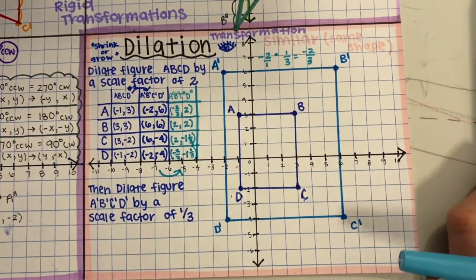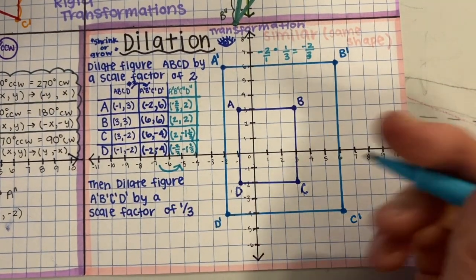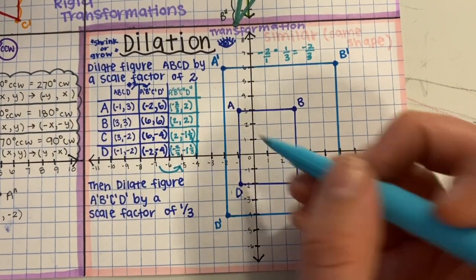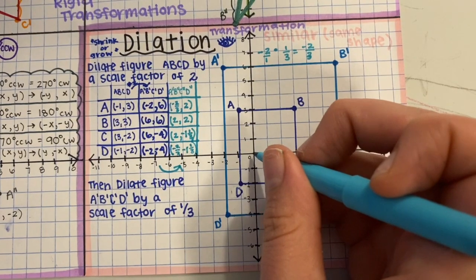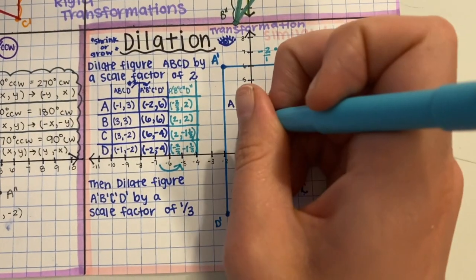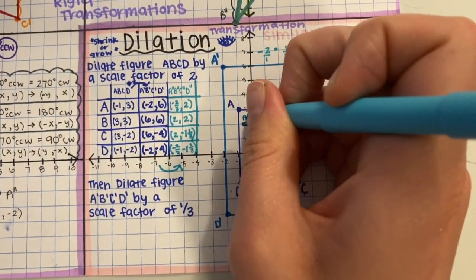So because we're dealing with some fractions, I'm not going to know exactly where to put my coordinates, but I'll know about where to put them. So A prime prime is going to be at -2/3, 2. So about right here, and that's going to be A prime prime.